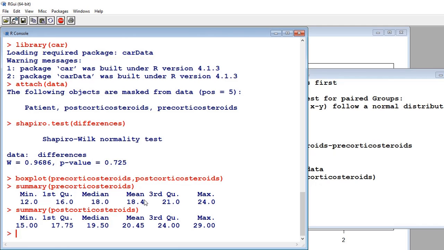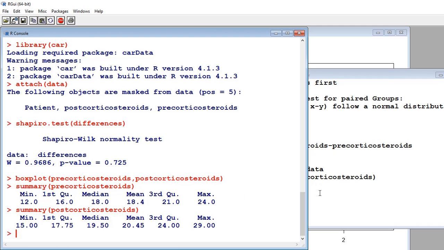Now we could formulate our hypothesis that the mean body mass index of the pre-corticosteroid group, within the real population of people who do not take corticosteroid, would be less than the body mass index of the real population of patients who take what? Corticosteroids.